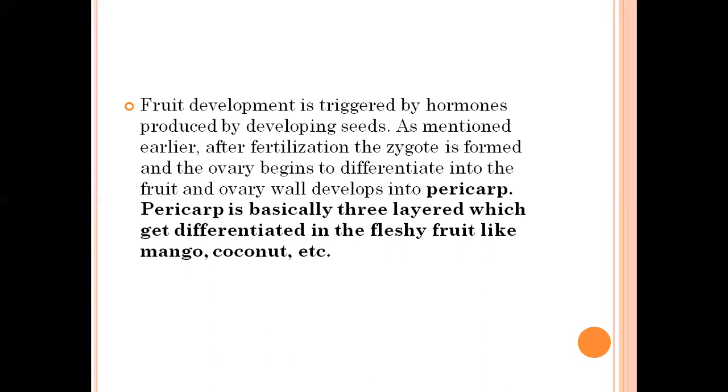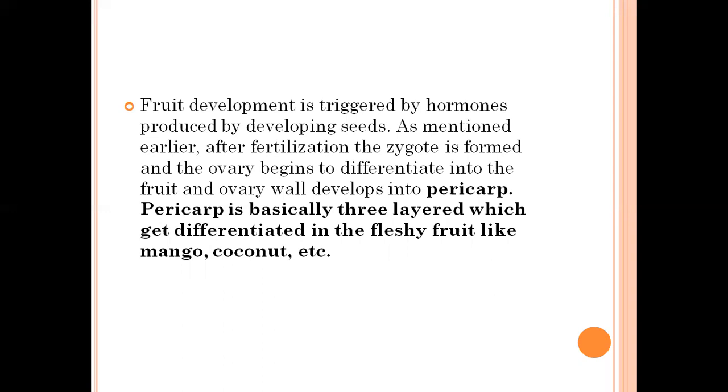Whatever seeds are present inside that fruit trigger some hormones for fruit development. In post-fertilization changes we saw that zygote formation takes place after fertilization, and the ovary becomes the fruit, and the ovary wall becomes the pericarp, that is the outer covering of that fruit.